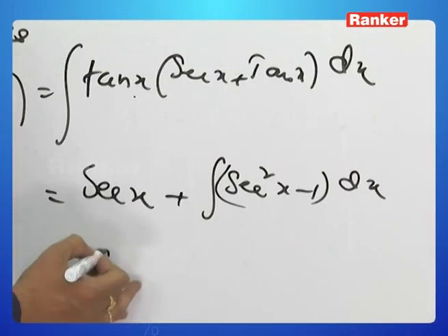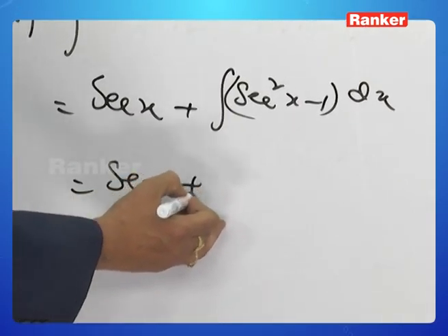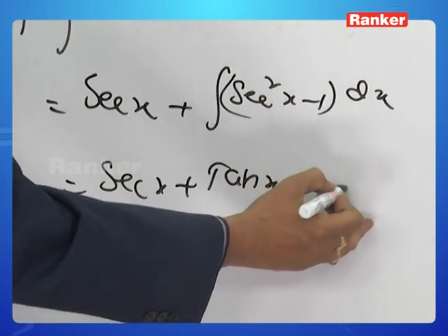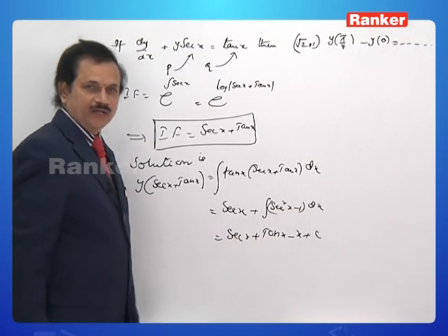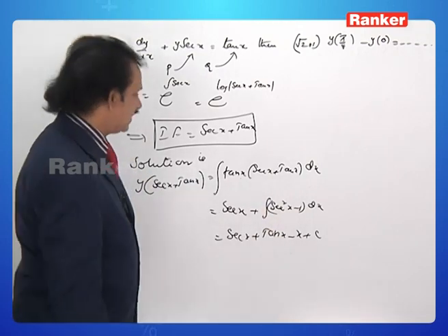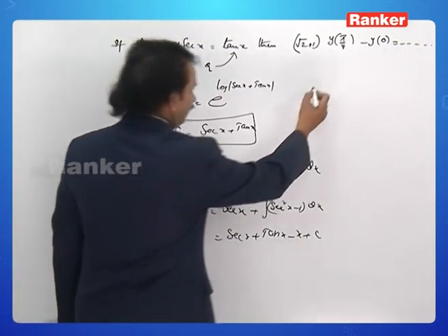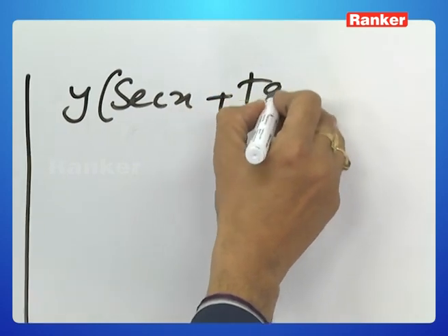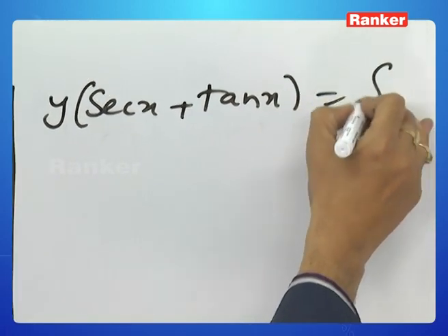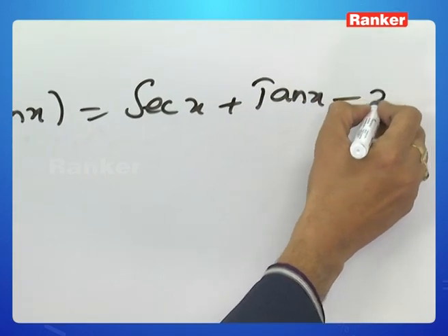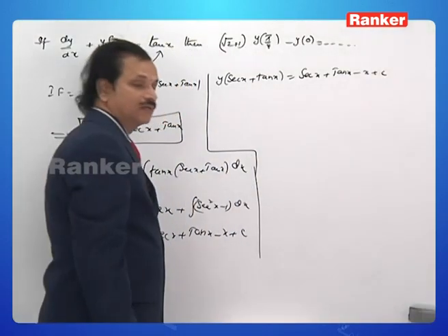Hence, it is secant x plus tan x minus x plus c. Integral of secant square x is tan x, integral of 1 is x, plus c. Ultimately, what is the solution? y into secant x plus tan x is equal to secant x plus tan x minus x plus c.